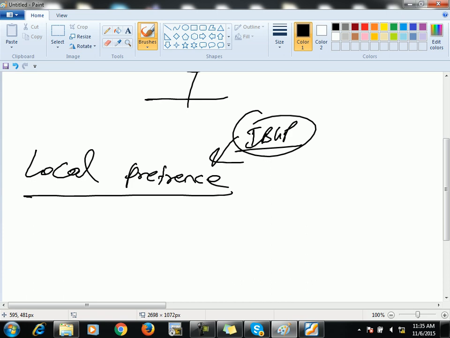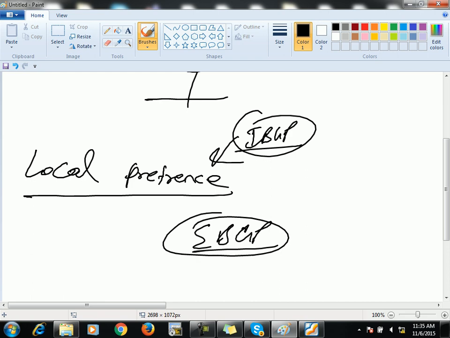But if updates are going towards an eBGP neighbor, BGP will never include local preference in them. That's what I told you before, the meaning of discretionary: sometimes it will be part of BGP updates and sometimes it will not.